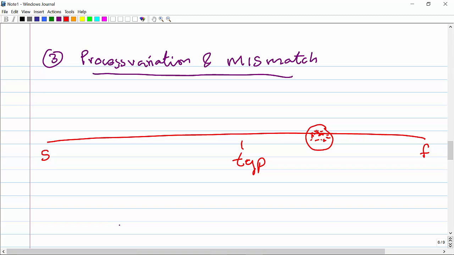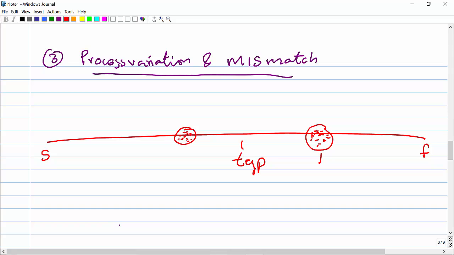So if you run only one simulation, it will randomly select one point on this line, and all the components will be placed very near to this corner. If you run a second simulation, it will again randomly select another point, and all the devices will be placed near that point.